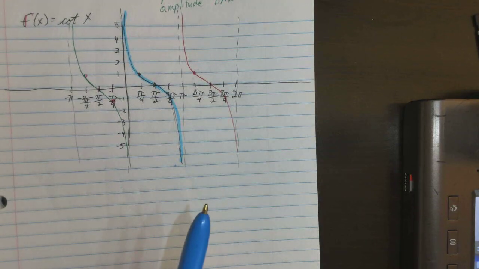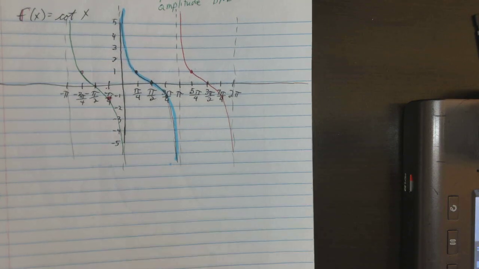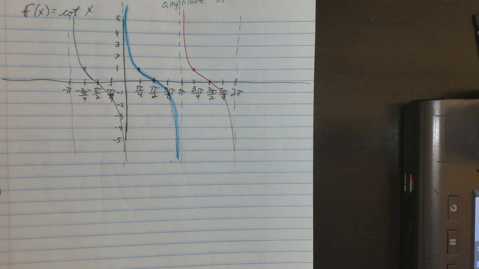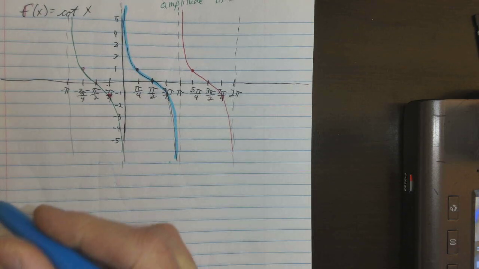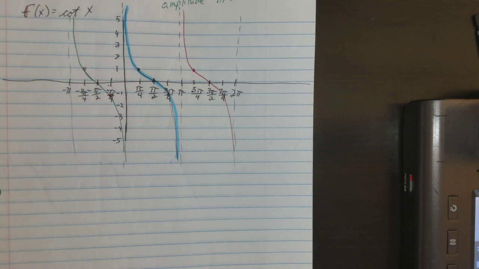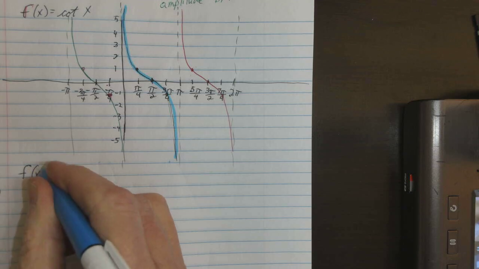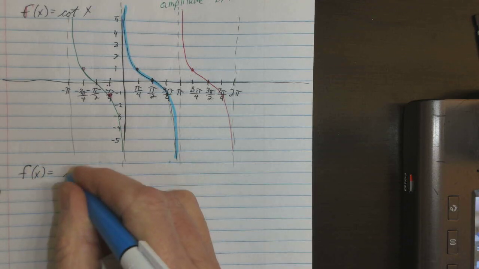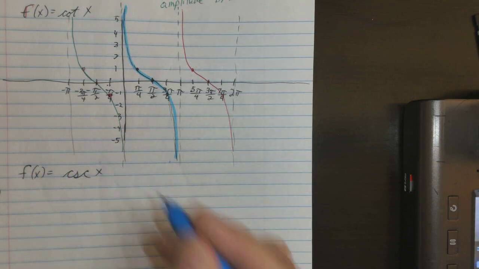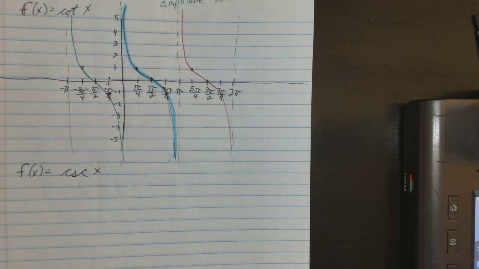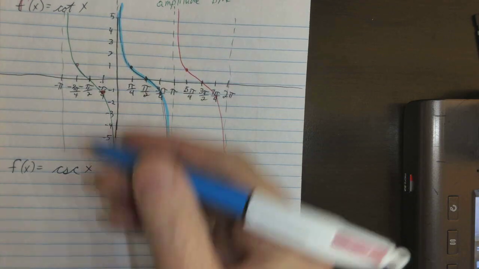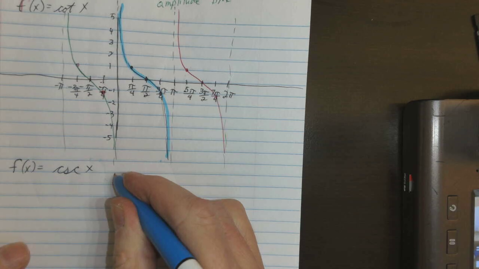Now the next one we're going to do is kind of fun to draw. I'm going to go with f of x equals cosecant x. All right, I'm going to draw it kind of big like I did there.